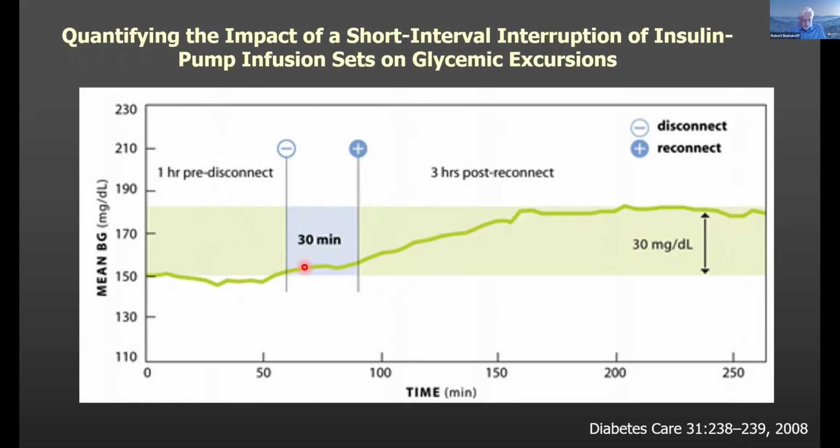I can't tell you historically how many times patients would have their pump off from here to here. Blood sugar is still pretty good during that time, but out here, their blood sugar is super high because they've been off insulin for so long. So you cannot just turn off insulin and say, well, the blood sugar is good for 2 hours, because 4 hours later, it's going to be terribly out of control.